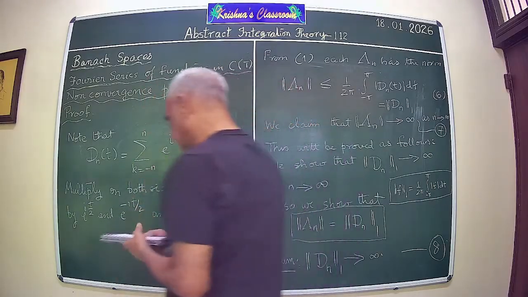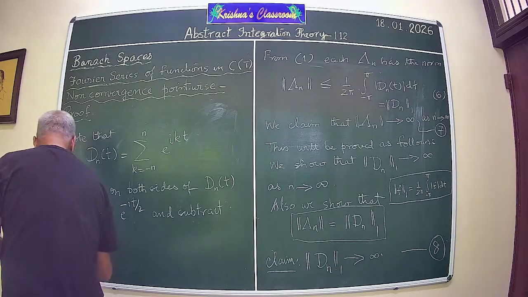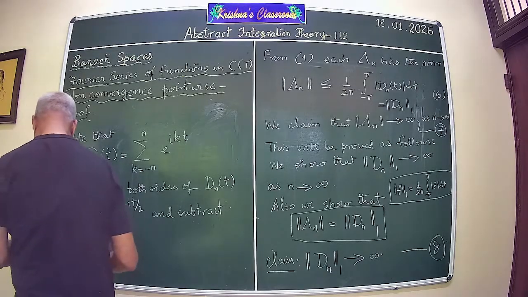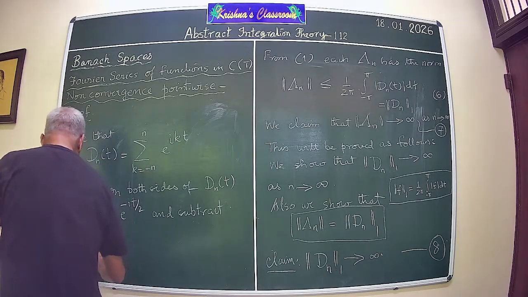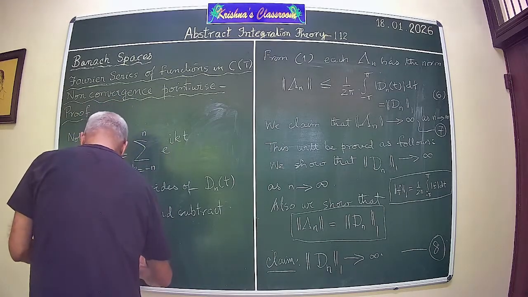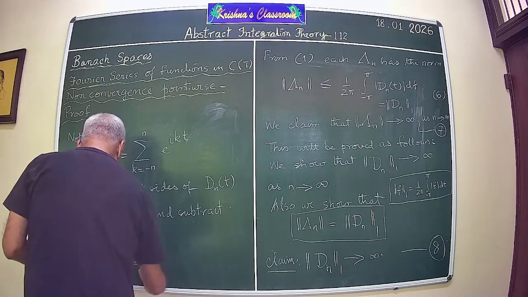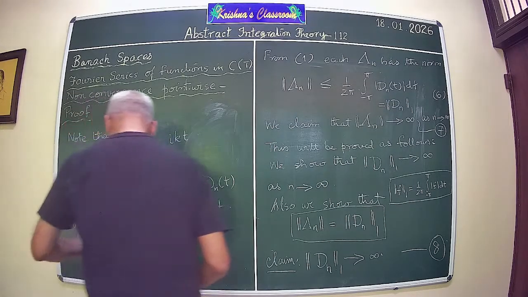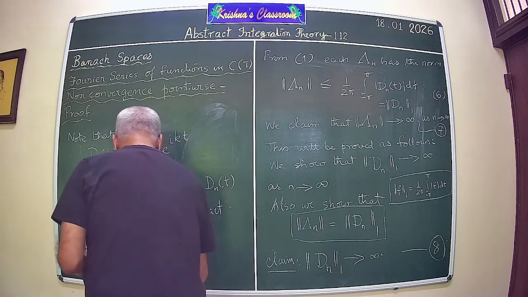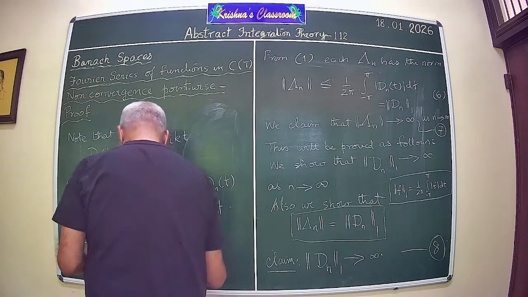And then we have the following: e to the power I t by 2 minus n to plus n e to the power I t.